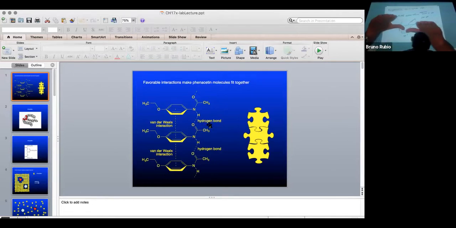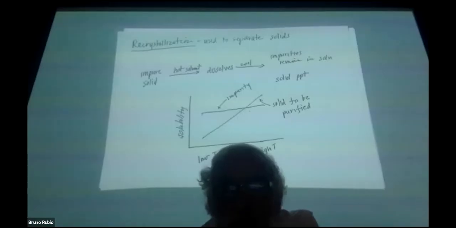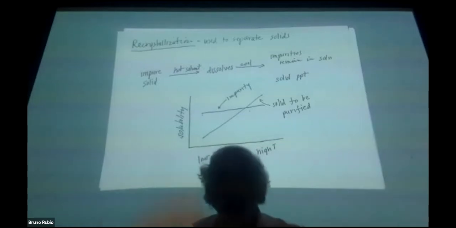So these molecules have to bump into each other, sample each other's three-dimensional structure, and they know how to fit together in the crystal. We have van der Waals interactions, hydrogen bonding, and a whole host of other interactions. And so this is how they eventually form that crystal.